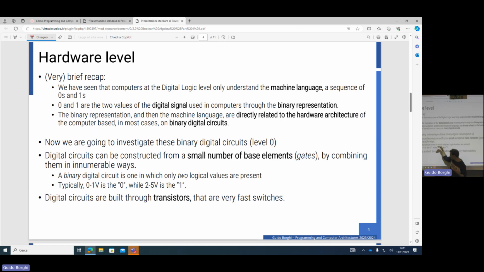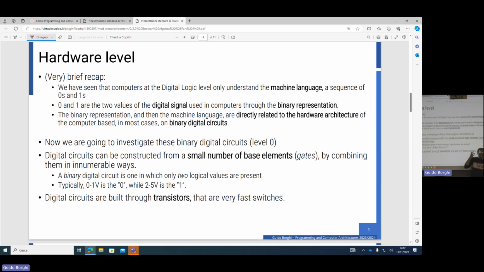So here in this hardware level, 0 is the absence of current, absence of electricity, while the value 1 is the presence of current, the presence of voltage. Typically we have from 2 to 5 volts.